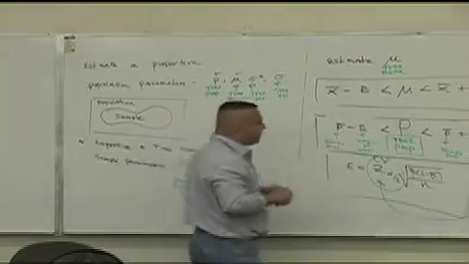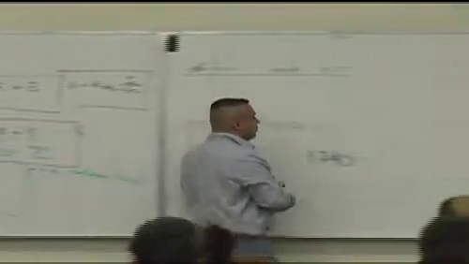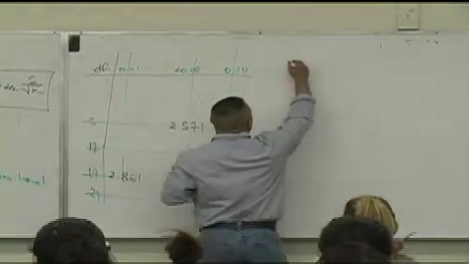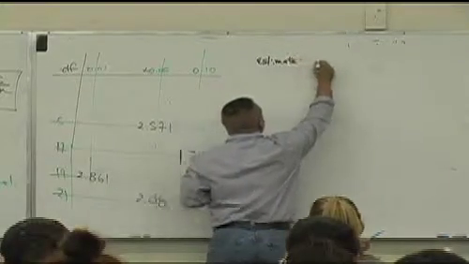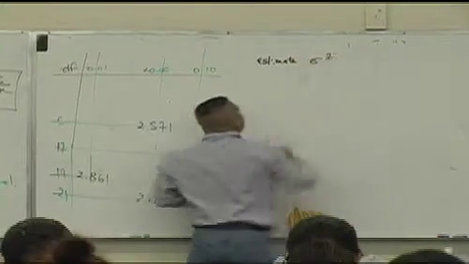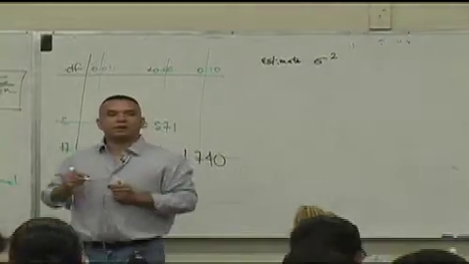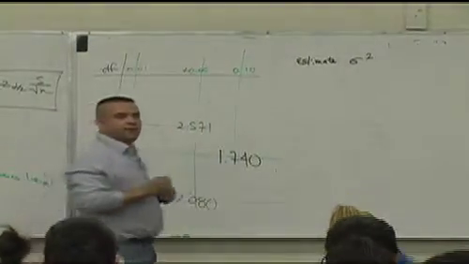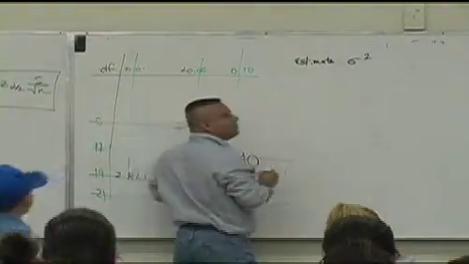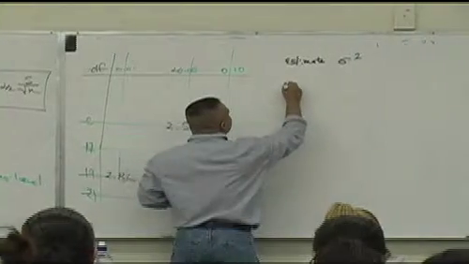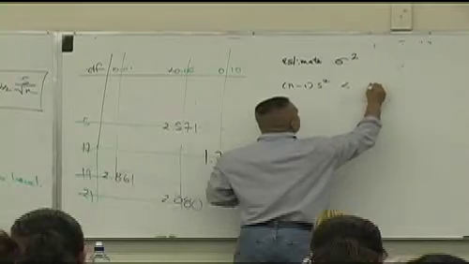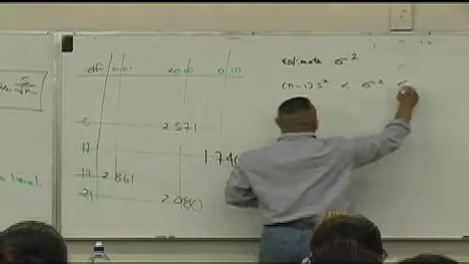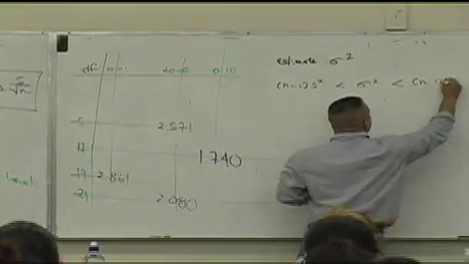So let's write that format down for this problem. If we're going to estimate variance, here's your format: (n minus 1) s squared over chi-square R, less than sigma squared, less than (n minus 1) s squared over chi-square L.